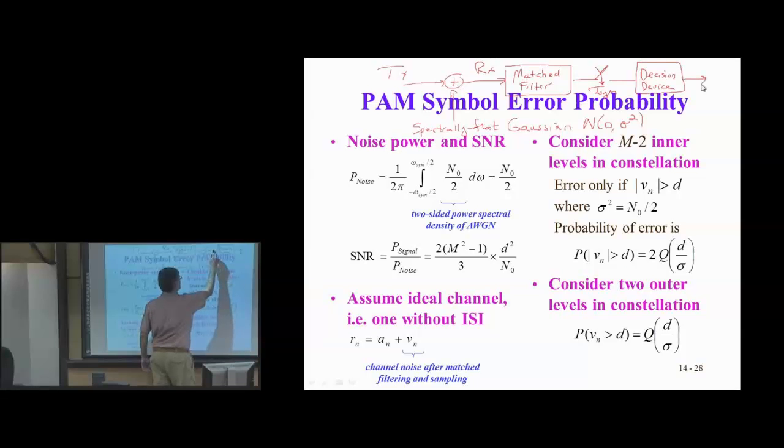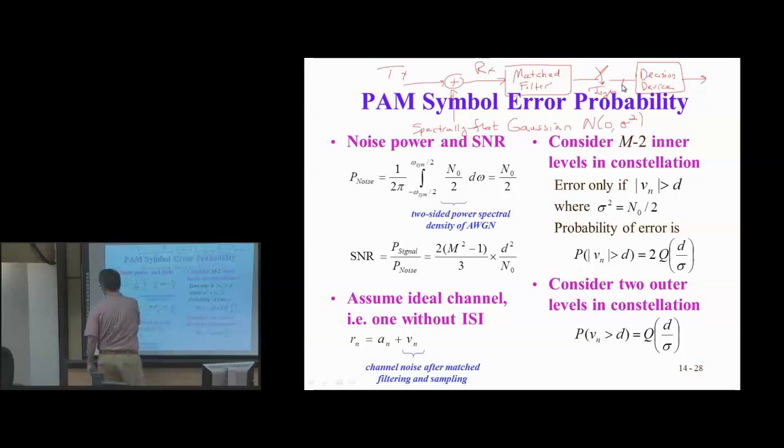So this is now an estimate of the amplitude. This is an estimate of the symbol amplitude, which will be the transmitted symbol amplitude plus some random number that relates to the noise that gets through the match filter.